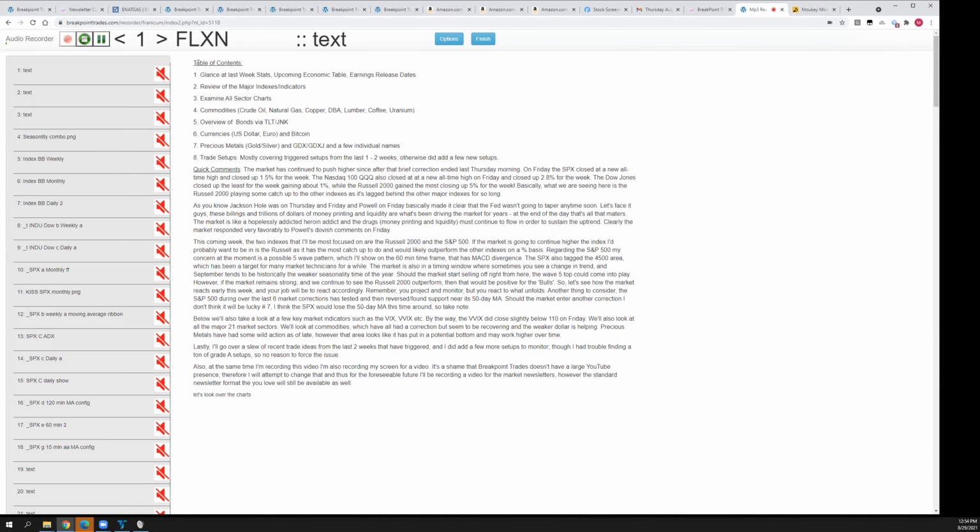So the first item here is the table of contents. You can see the format the newsletter is divided into. Same general theme as I usually keep. We look at the major indexes first, some of the upcoming economic news, review last week's action, what I think going forward. We look at some key market indicators. We examine all the major sectors. There's about 21 of them.